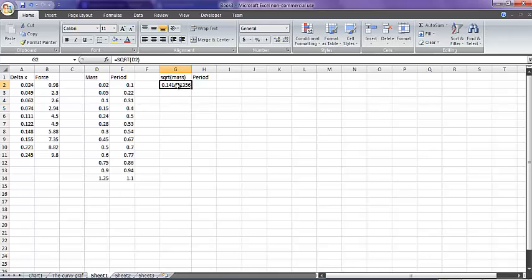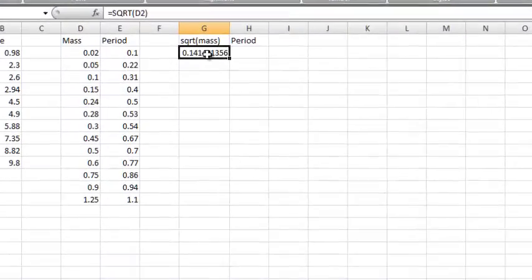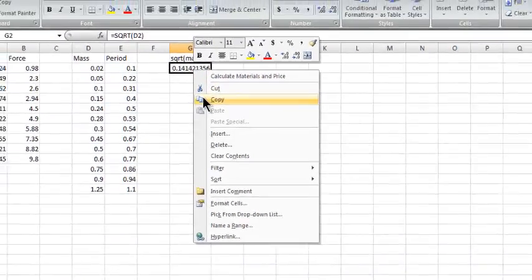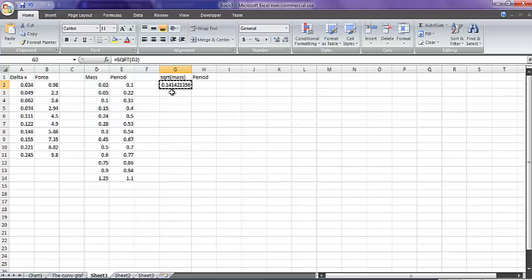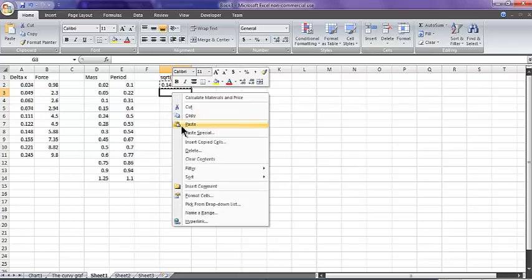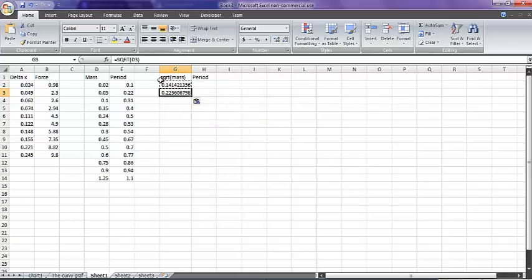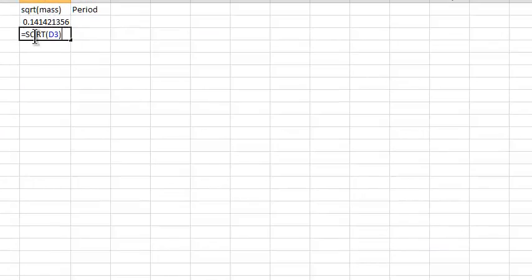I click back in this cell. I'm going to right-click and copy. And then, this is not how I would do it because I'm going to add an extra step, but just to show you, click down there, right-click and paste. And then look up here. It said take the square root not of D2, but of D3.